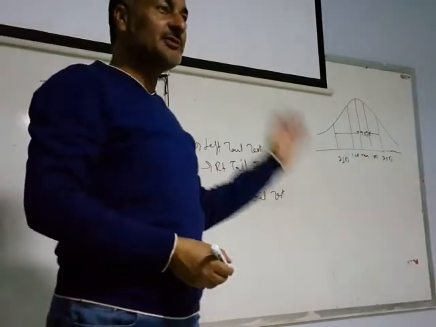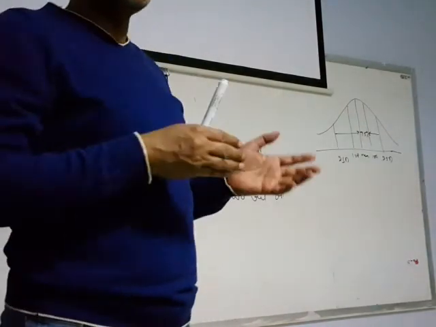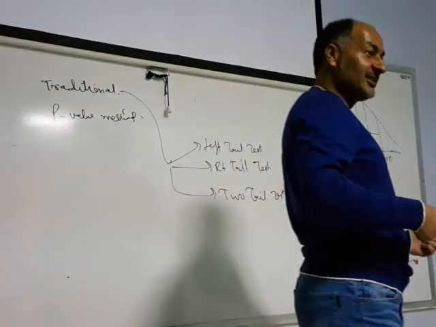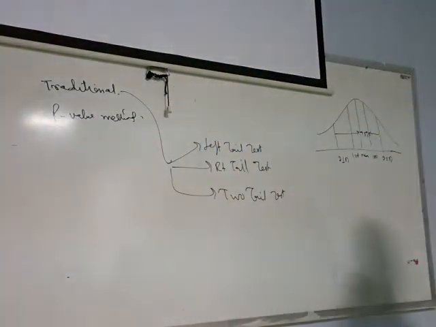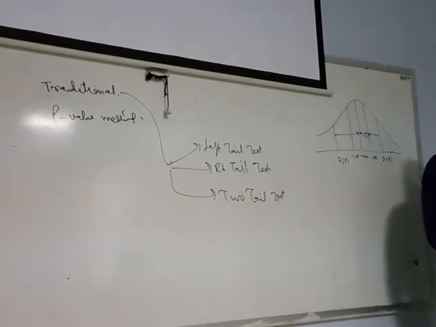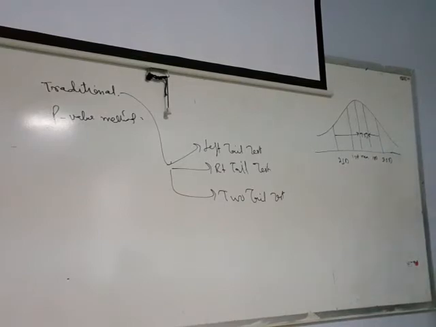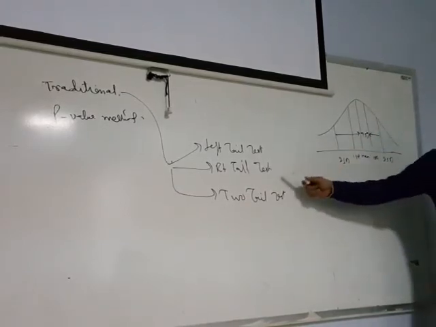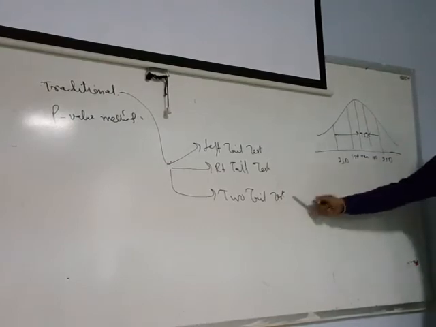In the traditional method, you have a left tail test, a right tail test, and a 2-tail test. So in the traditional method, what we do is 3 things. Either I do a left tail test, or I do a right tail test, or I do both.